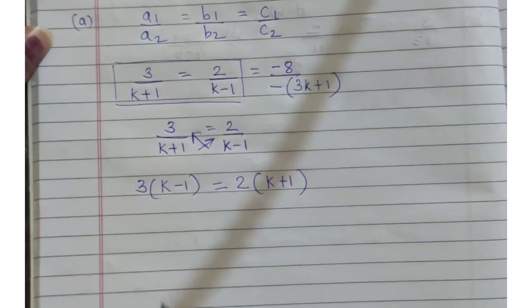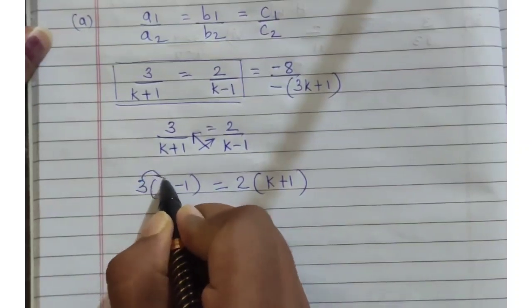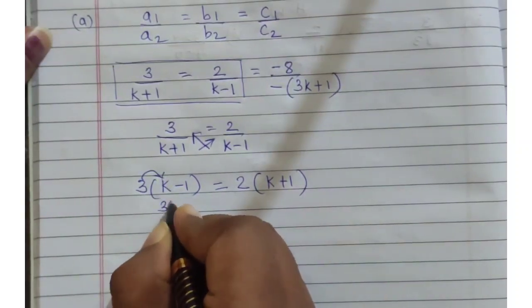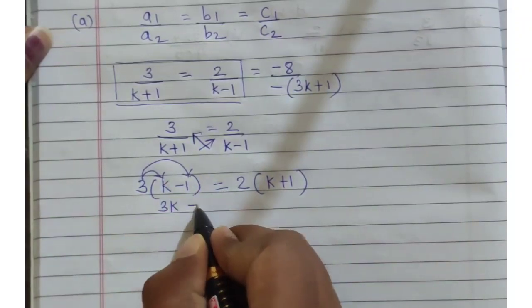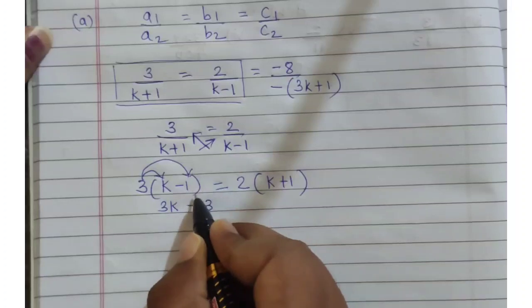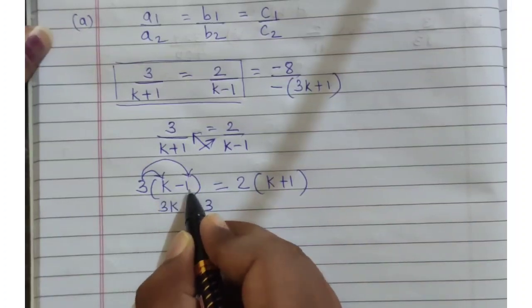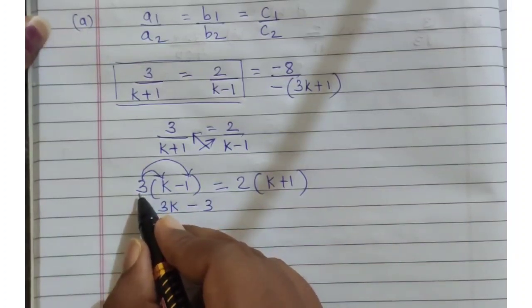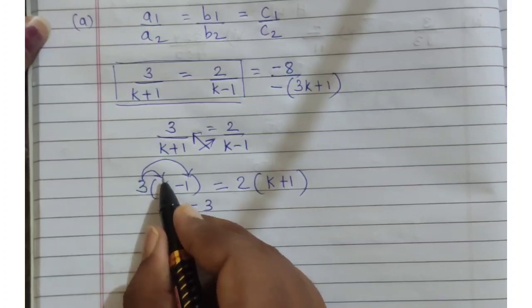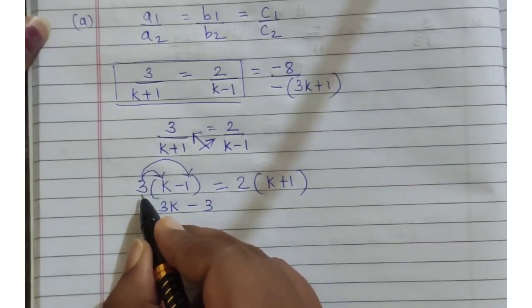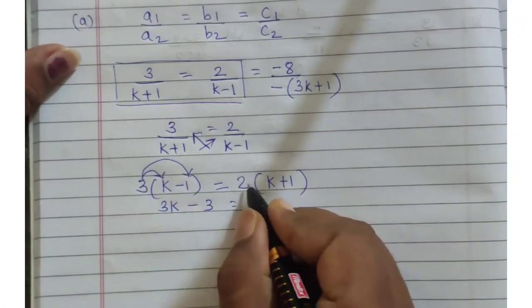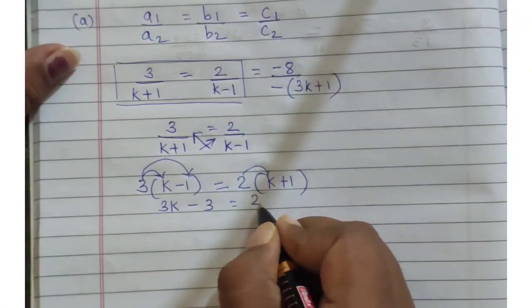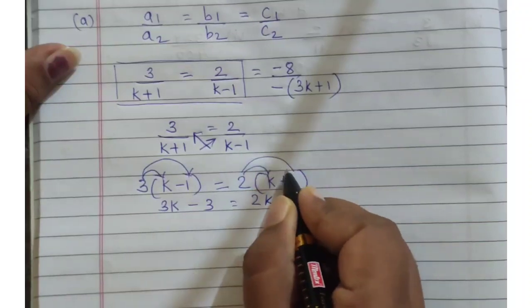Next, let us open the bracket. 3 multiplied by k is 3k, 3 ones are 3, so it will be minus 3. Whenever you have a bracket and there are 2 or more than 2 terms and you have a coefficient or a number outside the bracket, you need to multiply that number with both the terms. Similarly here, 2 multiplied by k will be 2k, and then 2 ones are 2.